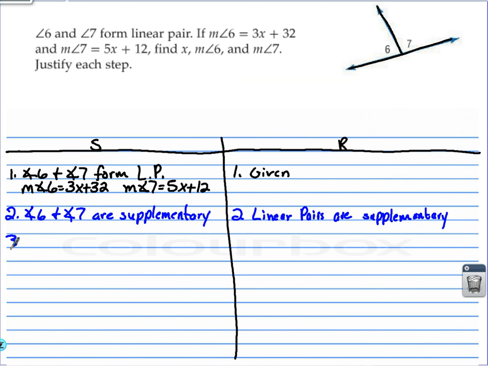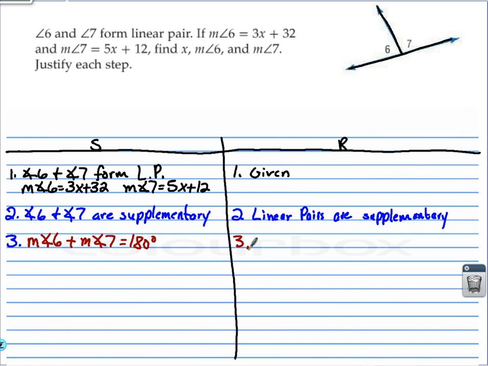And step number 3, I know since they're supplementary, what does that mean about them? Like we said, add up to 180. So now my step number 3, I'm going to say the measure of angle 6 plus the measure of angle 7 equals 180 degrees.